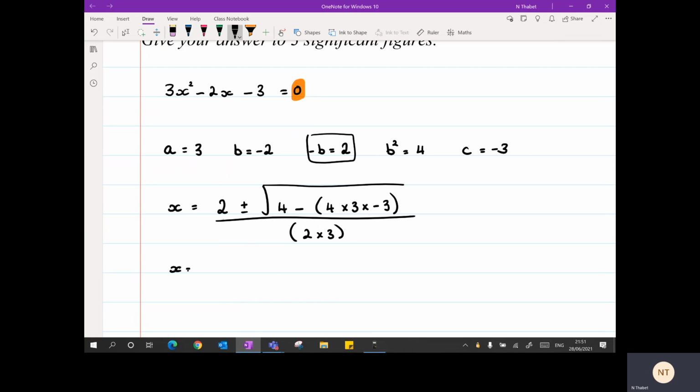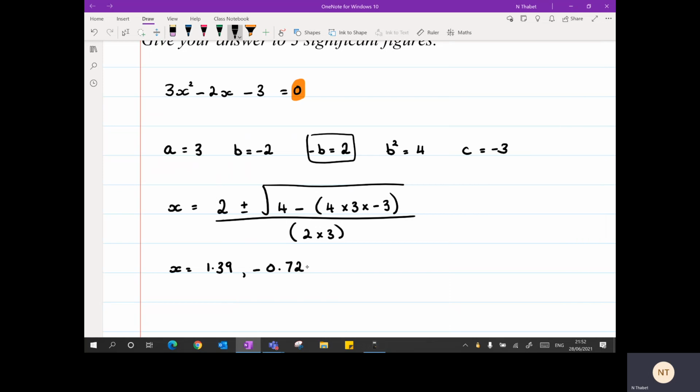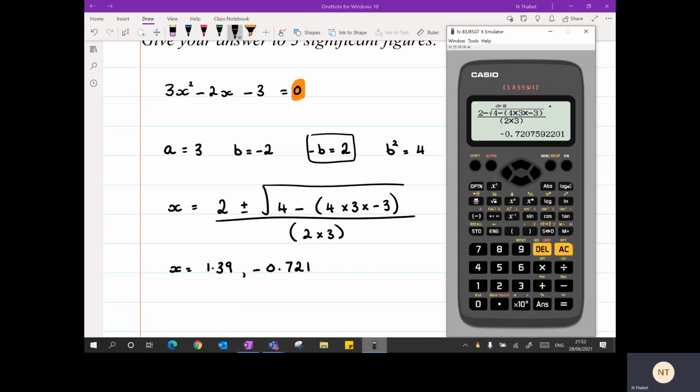So x equals 1.39 to 3 significant figures. That's the first answer. And if you click on the left arrow, you can edit the plus, delete, put a minus, press equals, you get your second answer. It's minus 0.721, because the 7 rounds the 0 up.